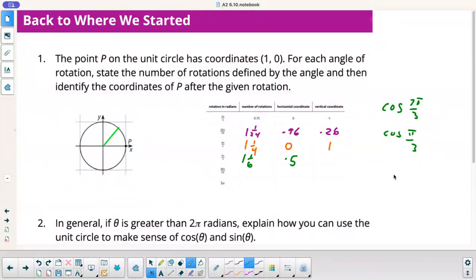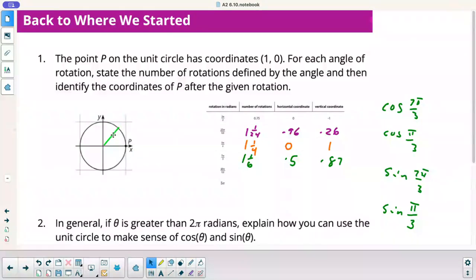And then the vertical would be the sine, so sine of 7 pi over 3, or the sine of pi over 3. And I get 0.87.